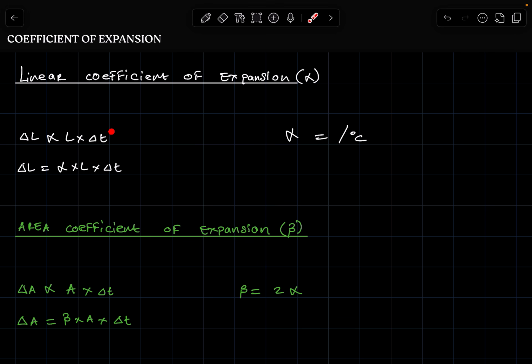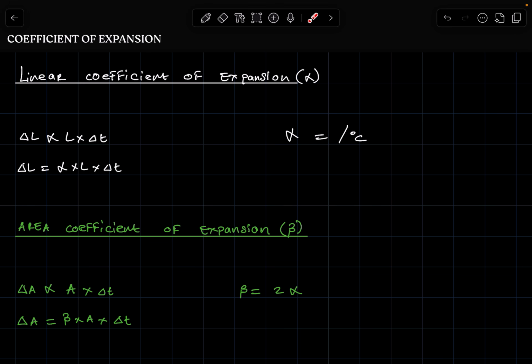This formula is as follows. If you have to calculate the change in length, be it that the material is expanding or contracting, we use this principle for linear coefficient of expansion, that essentially is as follows: the change in length is directly proportional to L, which is the original length, times the change in temperature.